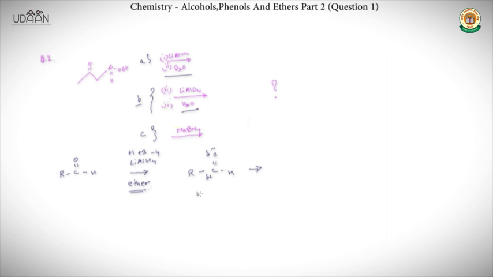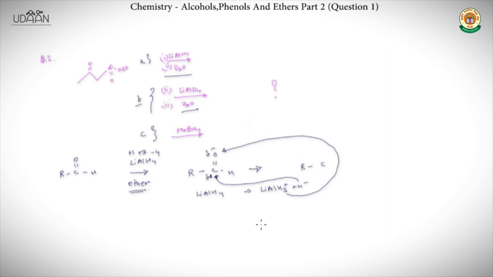So when LiAlH4 approaches it, it splits into LiAlH3 plus H minus, and this H minus reacts over here because it has a delta plus charge. And this LiAlH3 goes towards the oxygen.